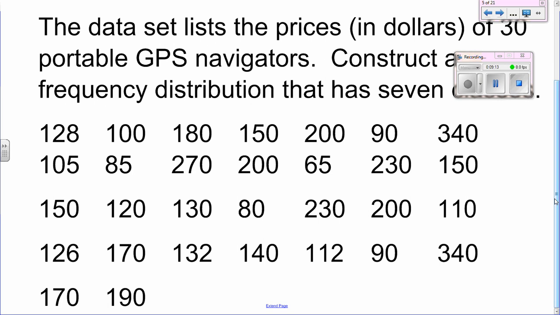The first thing that I would really do is look for my lowest number. So if you look for your lowest number in this set of data, I believe it's going to be 65.